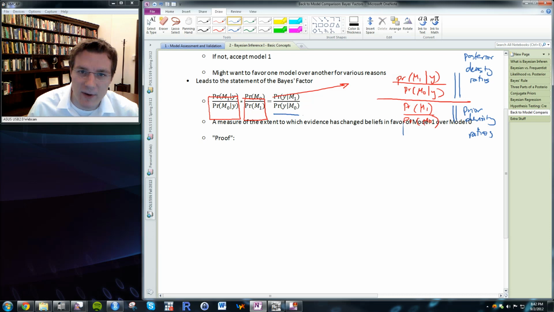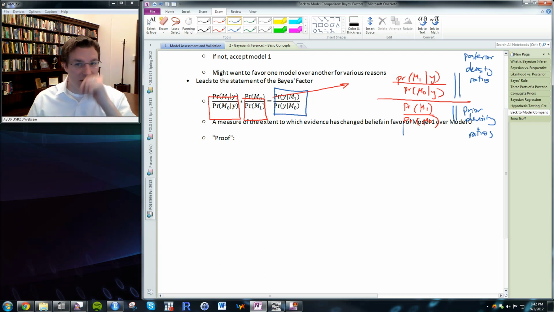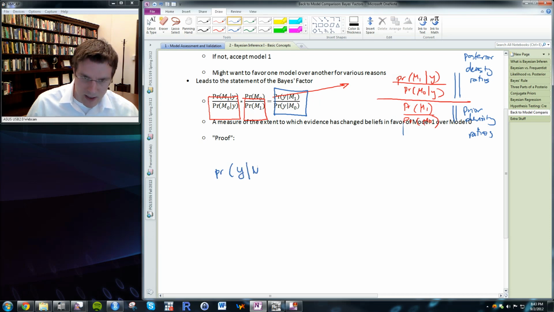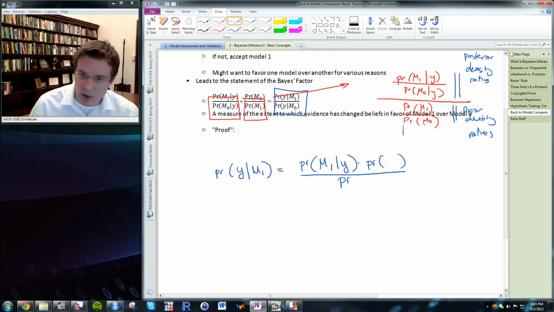And it turns out that ratio is just the ratio of likelihoods of y given the model, which is a little bit surprising, but not too hard to demonstrate. It's actually fairly easy to illustrate. So the probability of a model given a particular data set is, by Bayes' rule, equal to the probability of y given the model times the probability that the model is true, divided by the probability of the data set occurring.